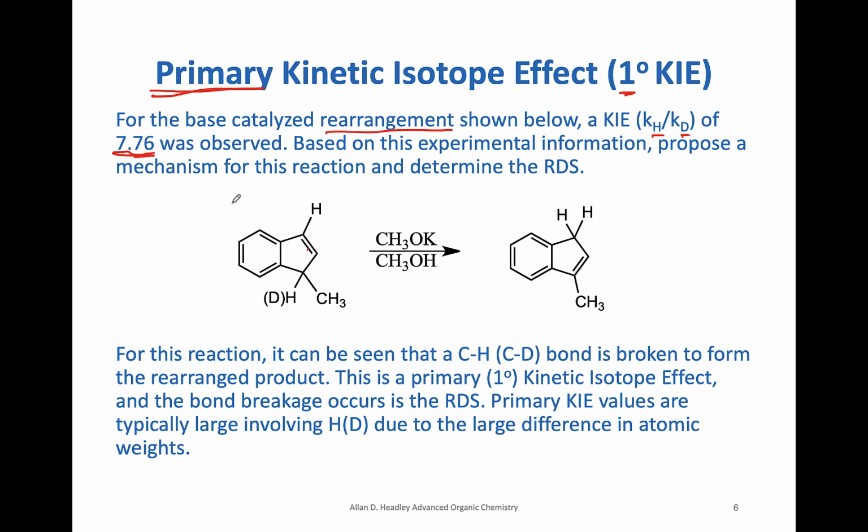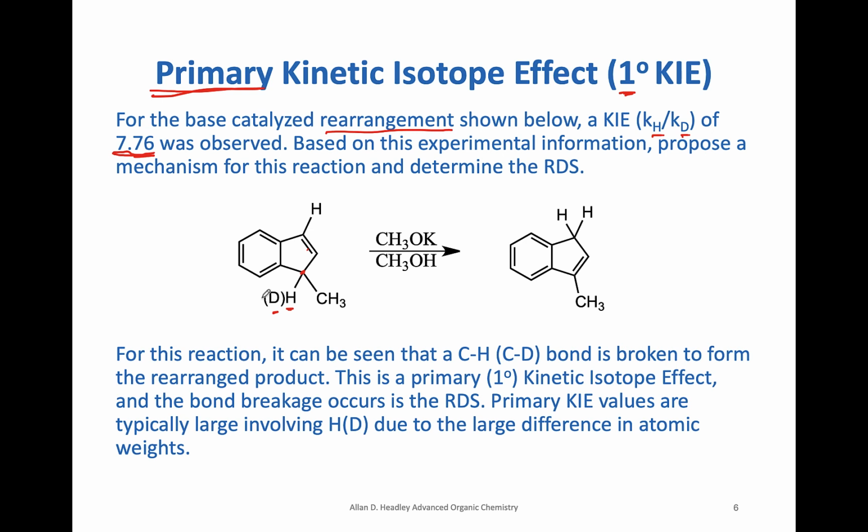So the question that we have now is, can we use this information here to determine the rate determining step and to propose a reasonable mechanism for this reaction? So here is the carbon in this experiment. This molecule was synthesized where one molecule was H and the reaction rate measured, and the other molecule is where this is deuterium and the rate measured.